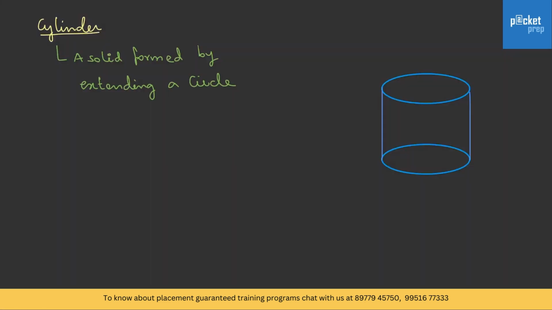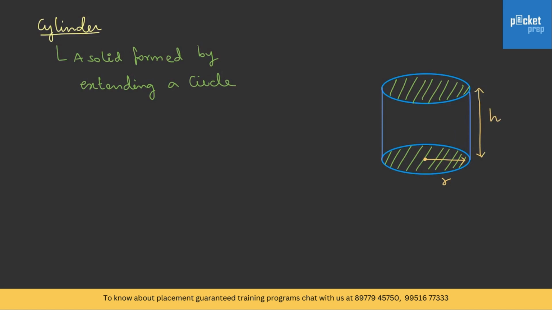I hope you are clear with the concept of cubes and cuboids. Now let's learn about the concept of cylinders. This is a solid formed by extending a circle, where the bottom as well as the top is a circle. So for the bottom or the top, we can calculate the radius as r, and the length can be taken as height h.